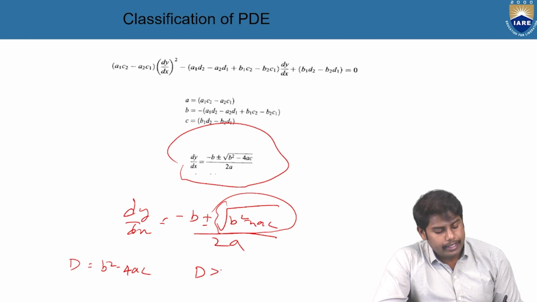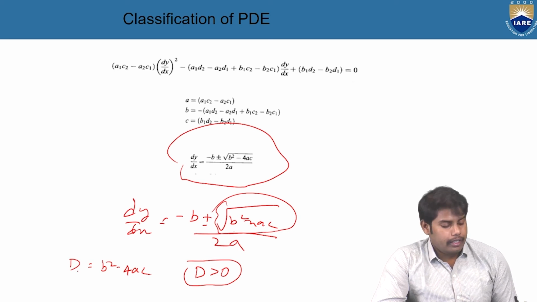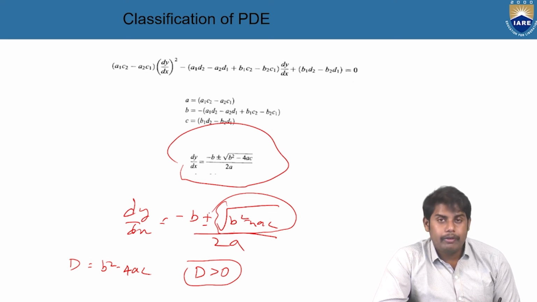So if it is greater than 0, what happens? You have two real roots. You'll get some value. Let's say you have the discriminant as 4, then you'll get 2. You'll have a b value, let's say minus 4, something like that, so 4 plus or minus 2 by 2a.